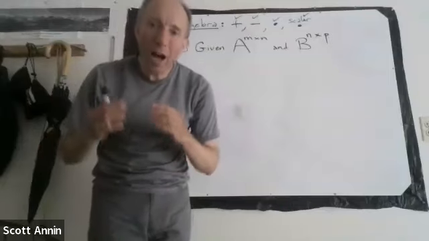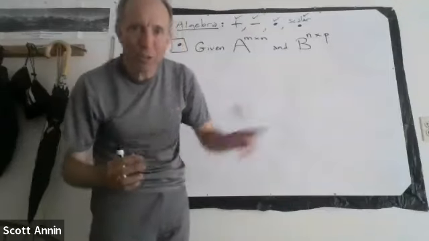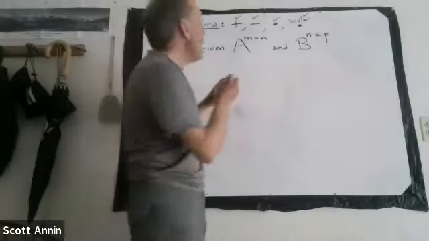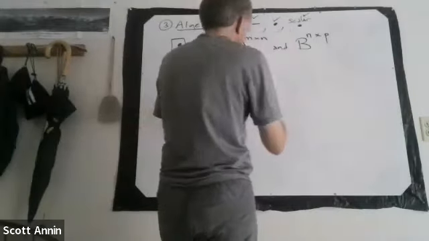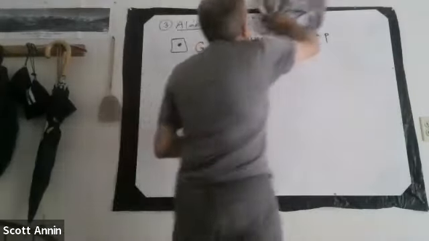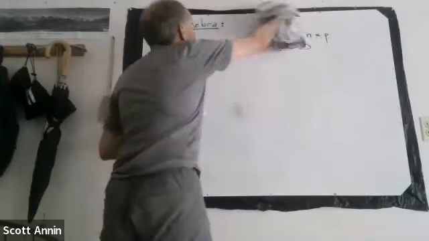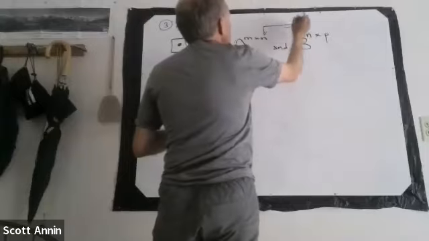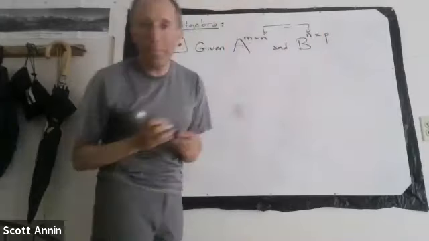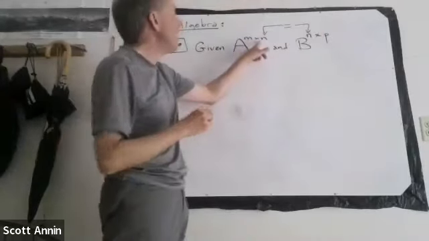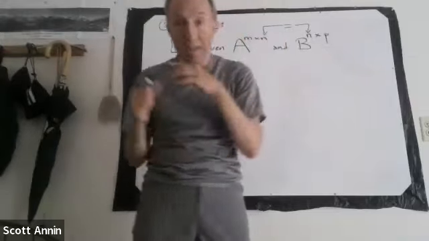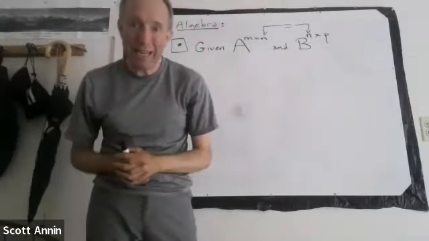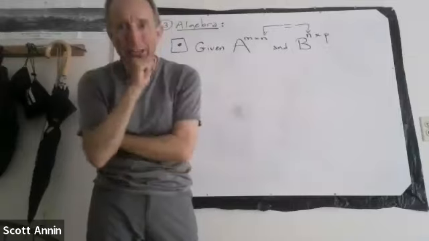So the number of columns of the first matrix, which is the number n right here, has to match up. It has to match up. These numbers have to match up. The number of columns of A has to match up with the number of rows of B. This is the important thing.